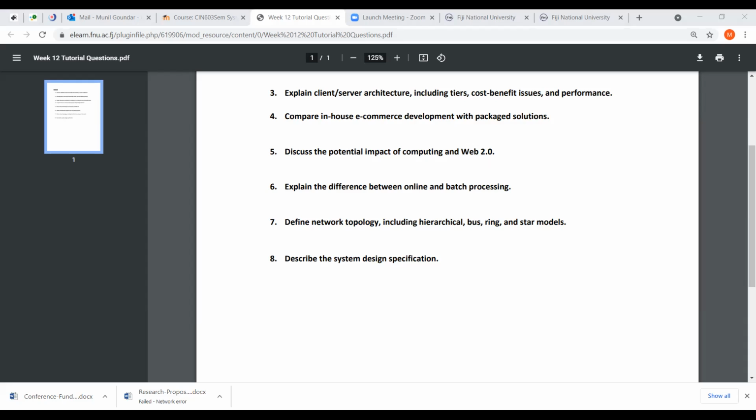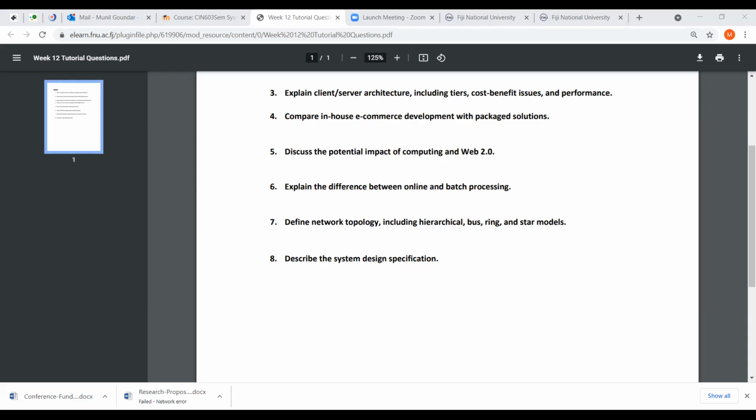Next topology is a star network. So a star network has a central device which connects all the nodes in a network.